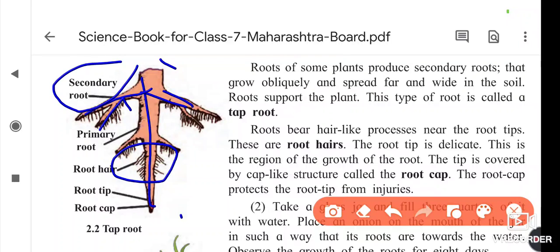At the end of the root we have a root tip, and that root tip is covered by a root cap. This is the explanation of the root.